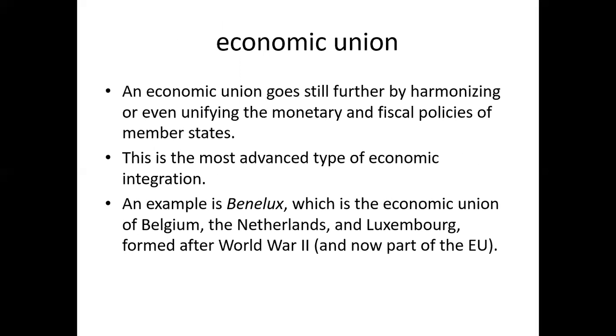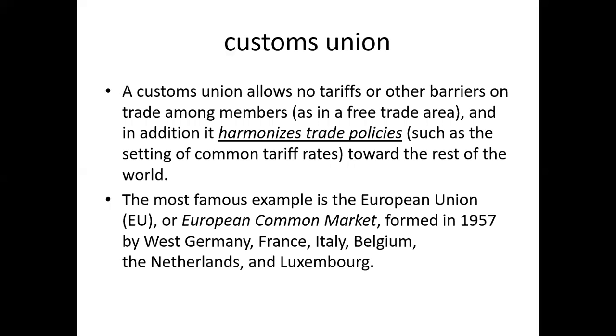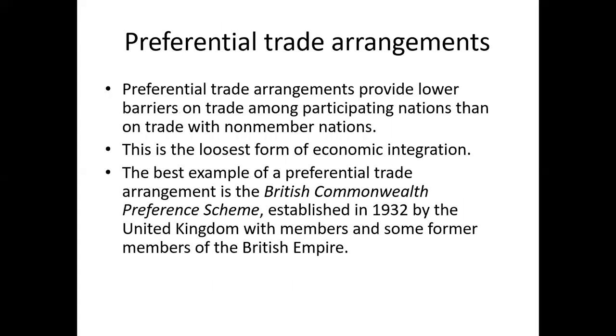So we have explained different forms of economic integration. We started with the differential trade arrangement. This is the loosest one. Here member nations lower tariffs or barriers among themselves and adopt separate barriers against the non-member nations.